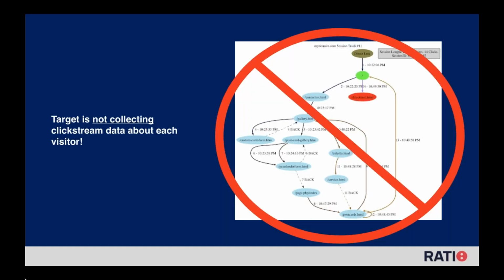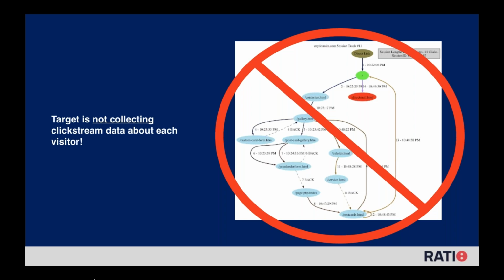So it's a common misconception that Adobe Target is sitting there collecting kind of clickstream data about your website visitors. Clickstream data being data that reflects the overall journey that someone's taken through your website, all the pages that they visited and the interactions that they've had, and so on.